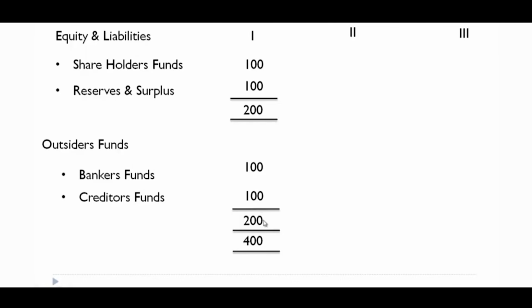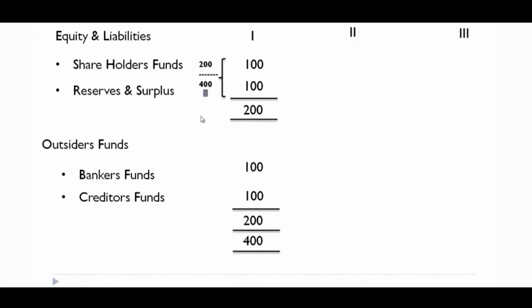Now we have to understand the long-term stability of the business. By looking at this, is it possible for us to understand that? Yes. Come to this point, we have shareholder funds and reserves and surplus. These two is 200, right? This 200 is out of this 400, right? Yeah, 200 out of 400.